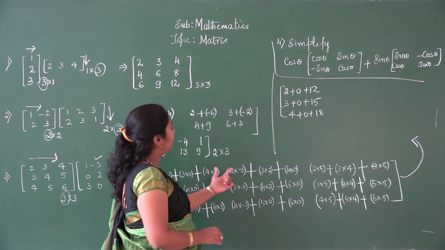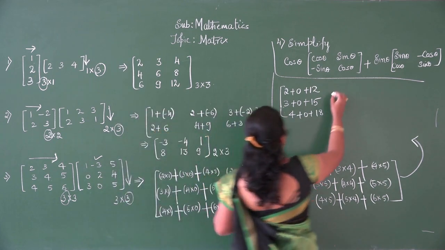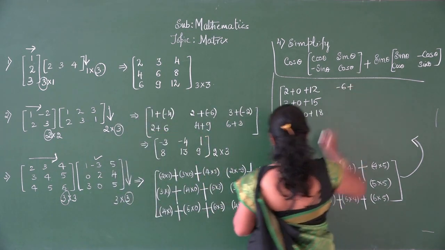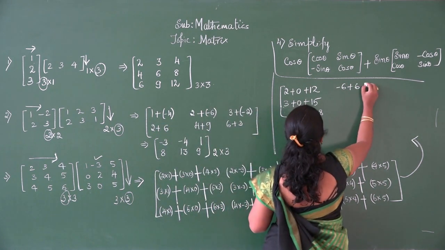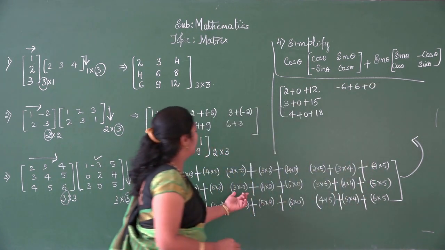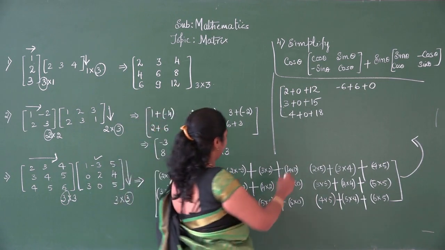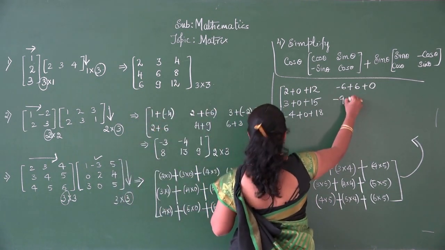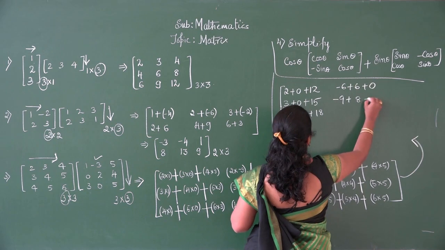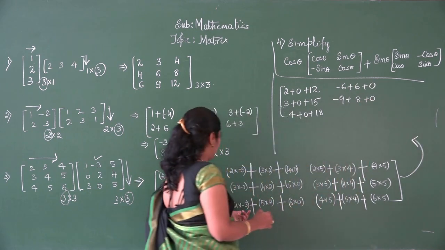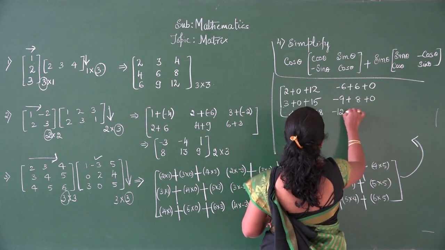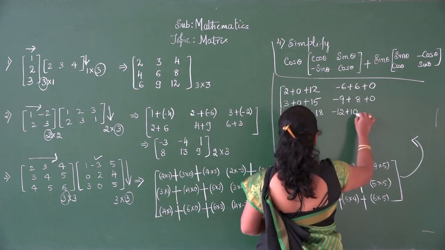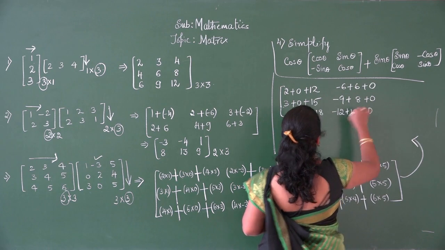Adding the next element, 2 into minus 3 will be minus 6 plus 3 2s are 6 plus 4 into 0. Again, 3 into minus 3 will be minus 9 plus 8 plus 0, minus 12 plus 10 plus 0 again.